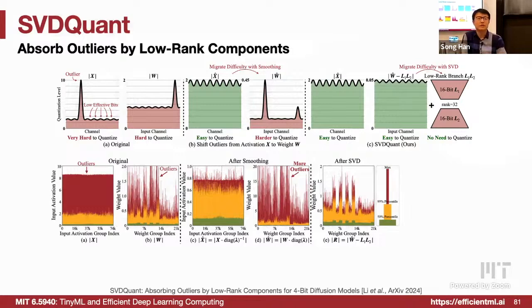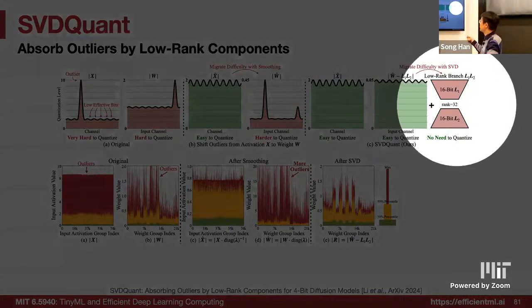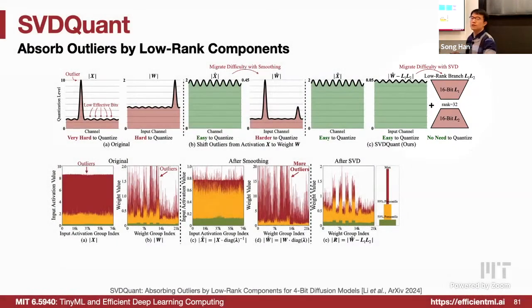And the good thing about this approach is that if you use LoRA fine-tuning, you don't need to re-quantize the weight, but you just need to append a few more ranks, like 16 or 32 more ranks in full precision, for whatever LoRA you want to add to this module.